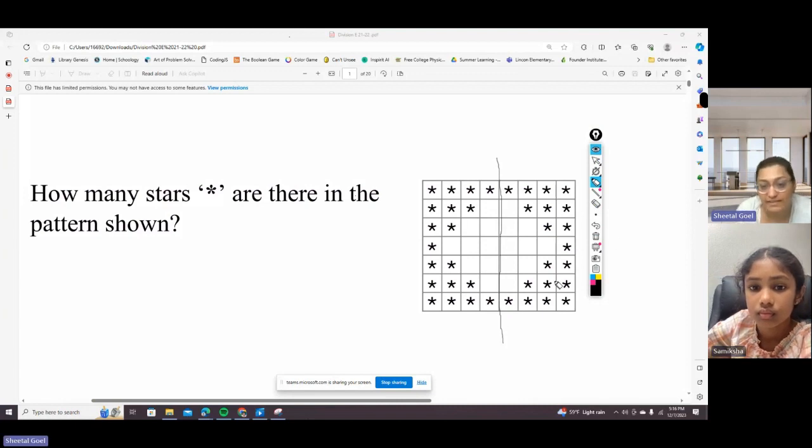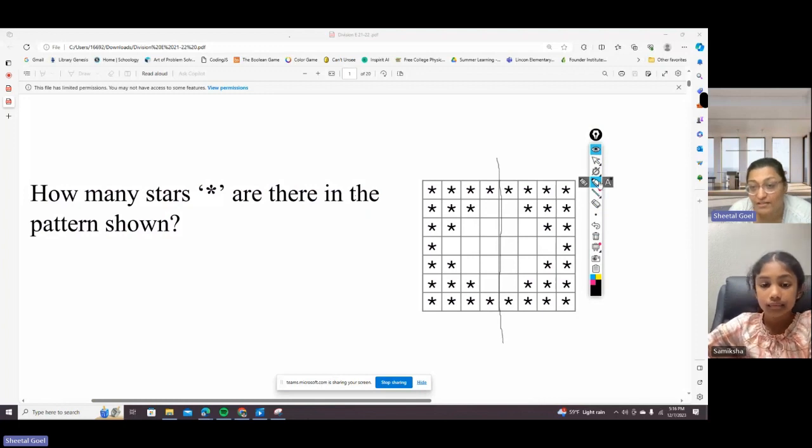Okay. Do they look exactly the same? Do they look like mirror images? We call them mirror images.